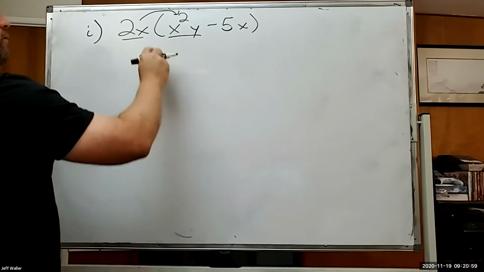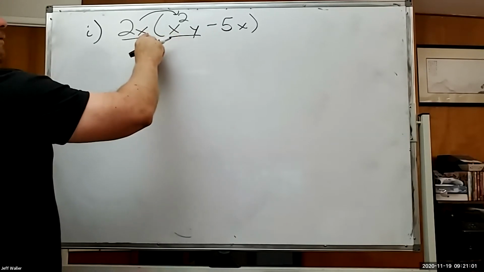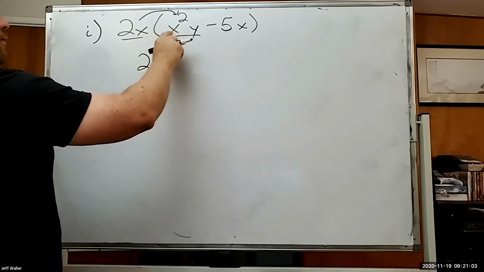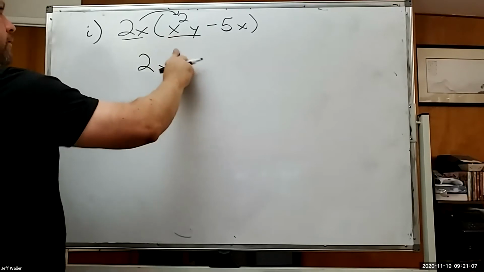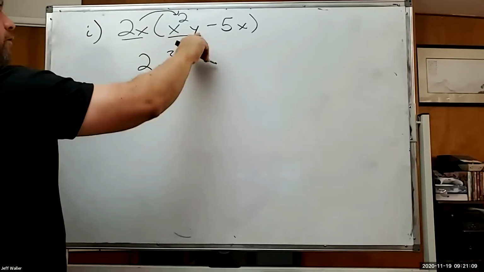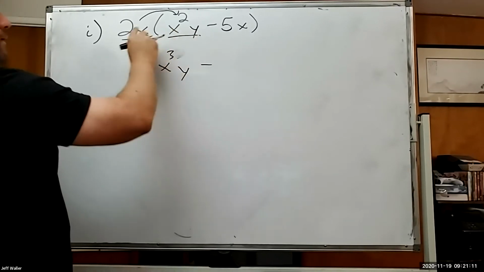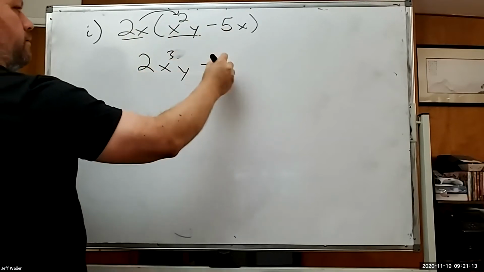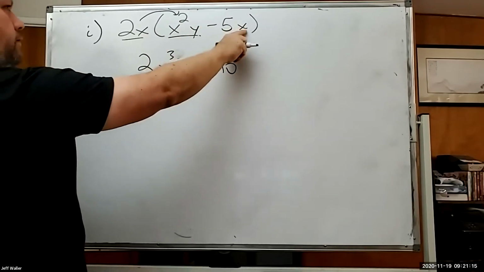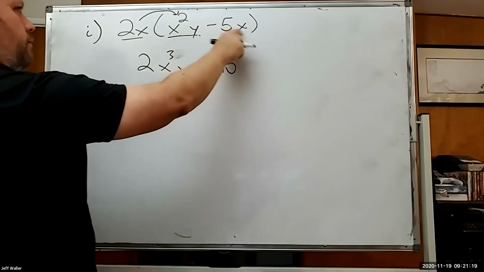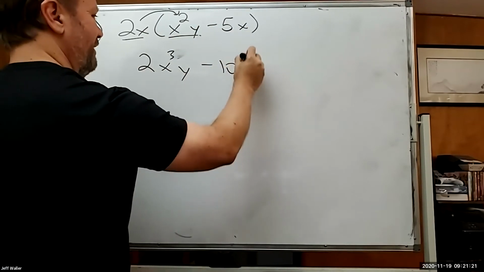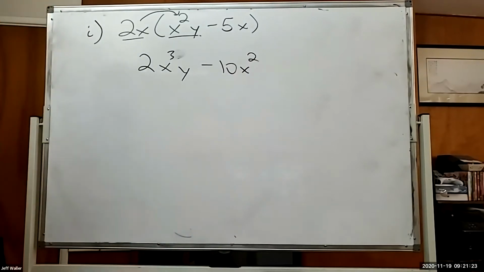You get 2x to the 3rd, x to the 3rd. And then, of course, a y minus 10x squared. Okay. All right. So that's nice.